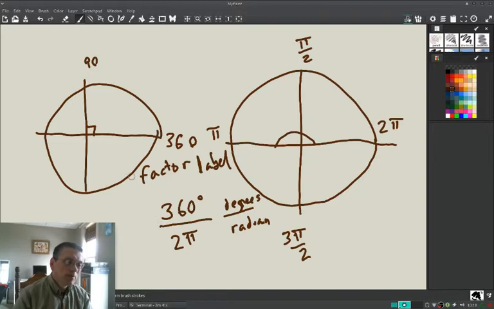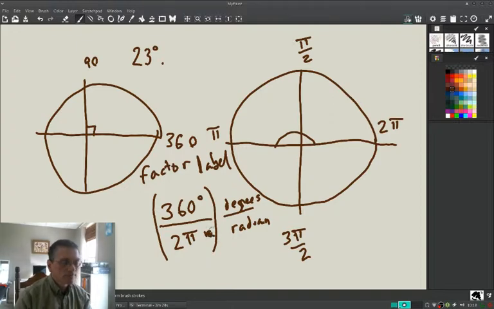So the factor label method says, say you had 23 degrees and you wanted to change that into radians. The factor label method says this thing equals 1. 360 degrees is the same thing as 2 pi radians. So if these are the same thing, this is really 1, and you can multiply any number by 1 and not change it.